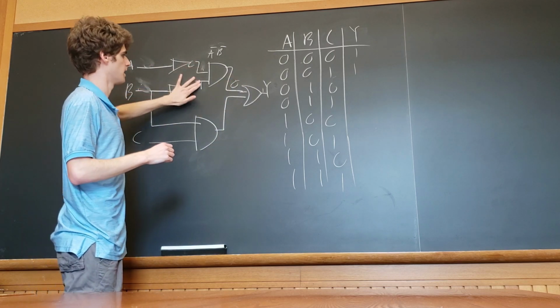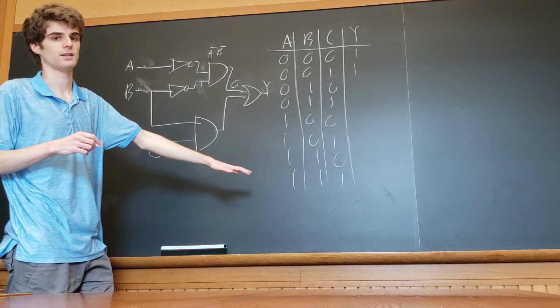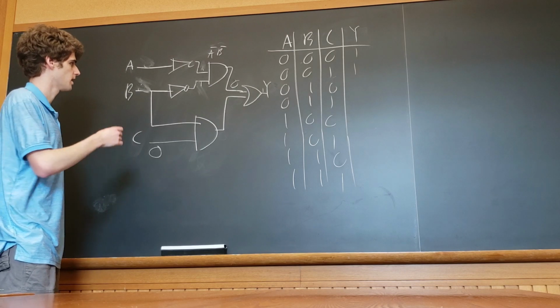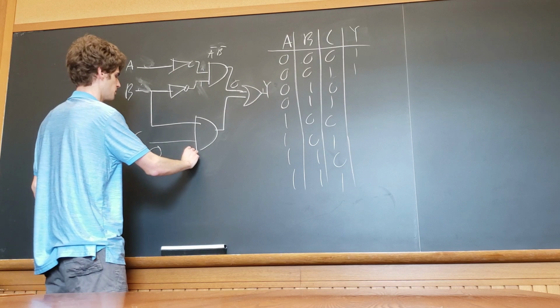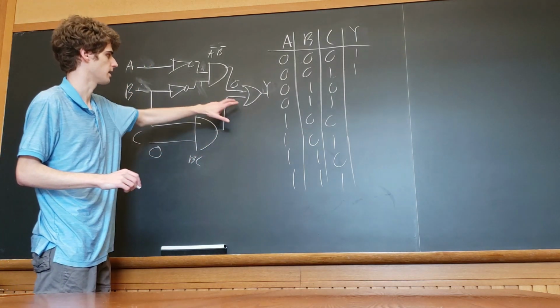And so I'm really only focused on B and C for the remainder of the truth table. What is important is that this AND gate is B, C, and the output of this gets fed into here.